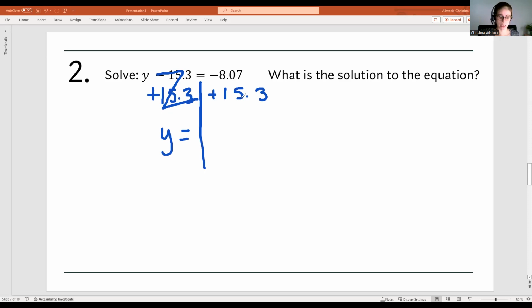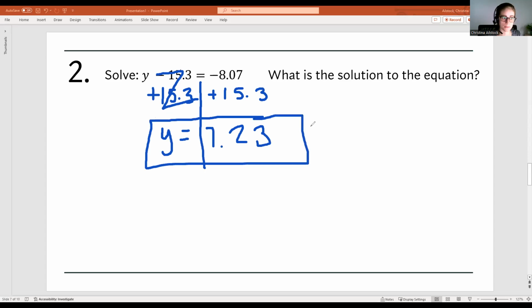So our answer is going to be smaller. It's going to be less. So 15 3/10 minus the 8 7/10 gives us 6 6/10. And again, please try to do that on your own, but if you need to double check in a calculator, of course, you can do that.